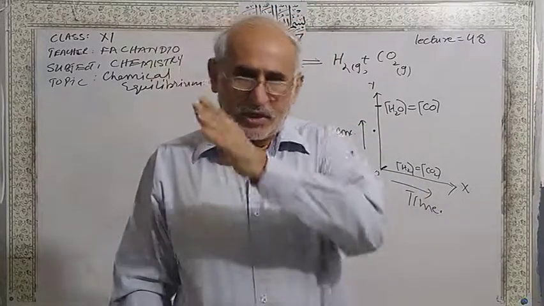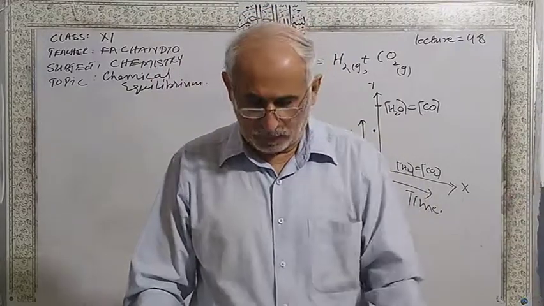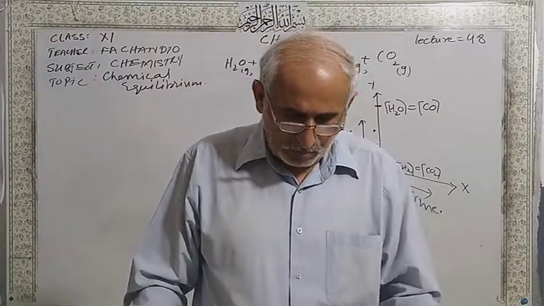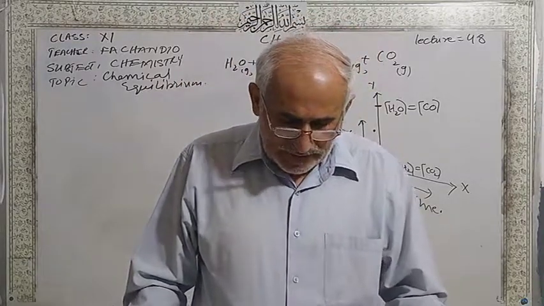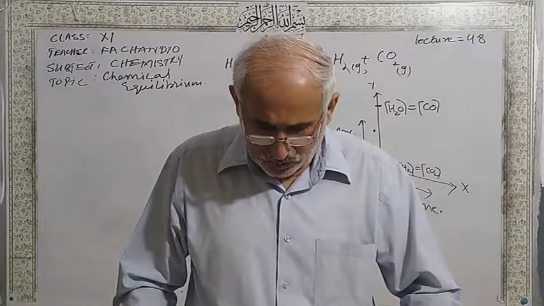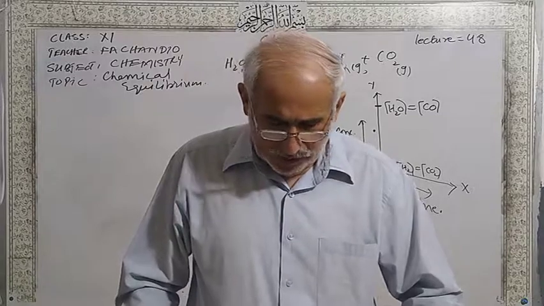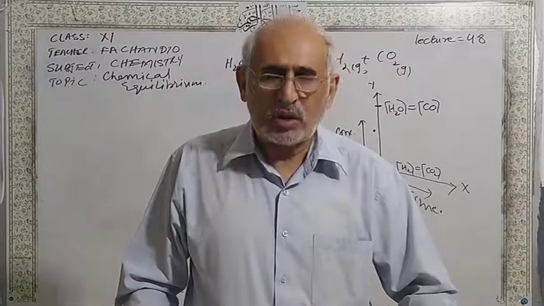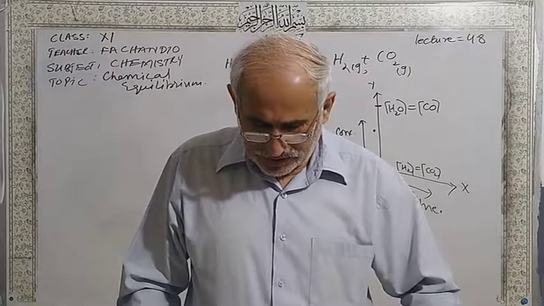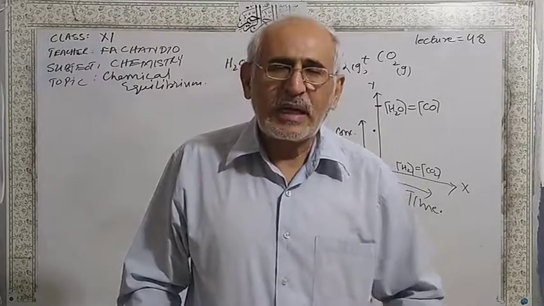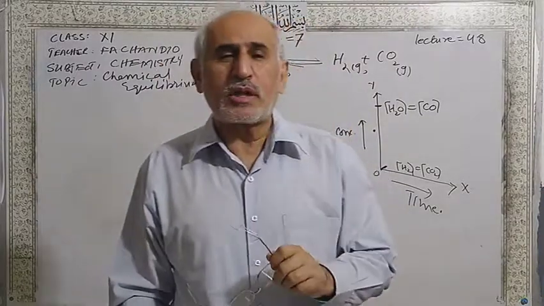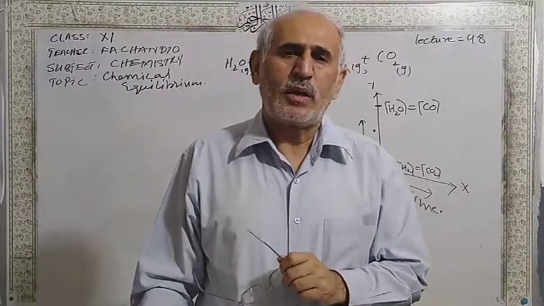Then after accumulation, the reverse reaction starts, with the increase in concentration of hydrogen and carbon dioxide gas. More and more collisions per second occur between these molecules. Therefore, the reverse reaction proceeds with increasing speed because you have a greater number of moles of the product.